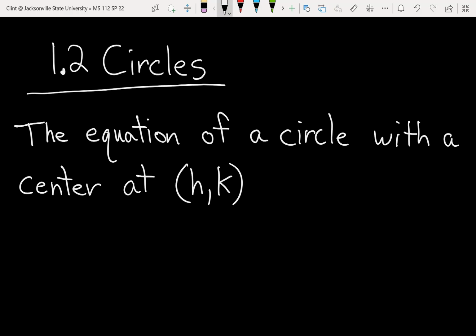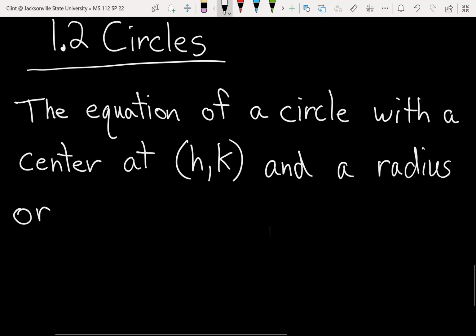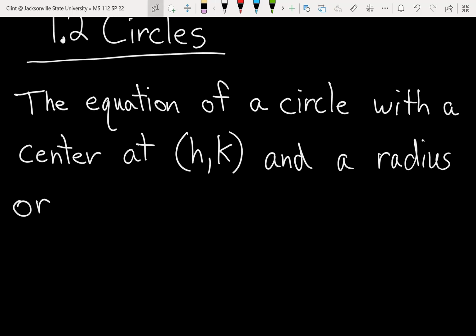How far is it from the center until you actually get to the graph of the circle? The radius is r.